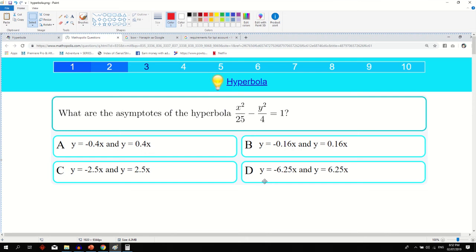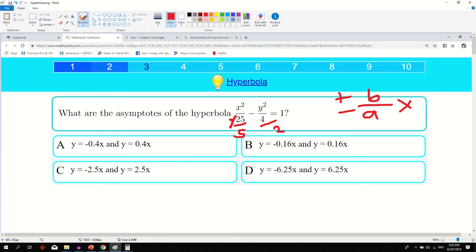As we all know, it should be b over a x, positive, negative. So what is the b? b is 4, then a should be 20. This will be 2, and this will be 5.